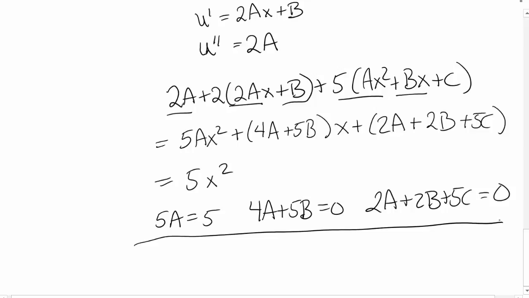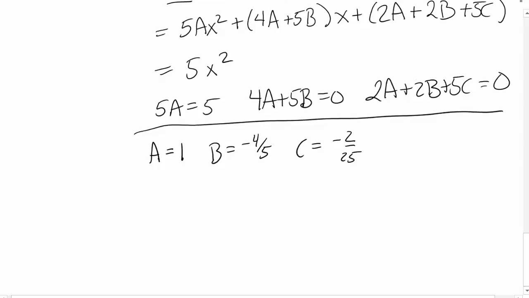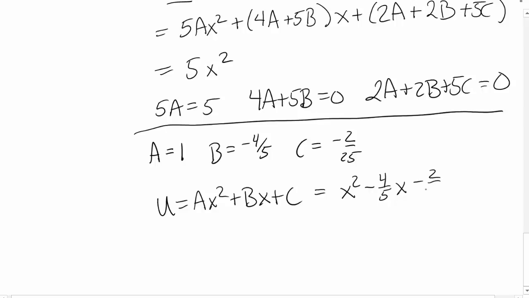So I already know, just to save us a little time, that means a is 1, b is negative 4/5, and c is negative 2/25. What that means is u, again, was ax squared plus bx plus c, which means I have a 1x squared minus 4/5 x minus 2/25.